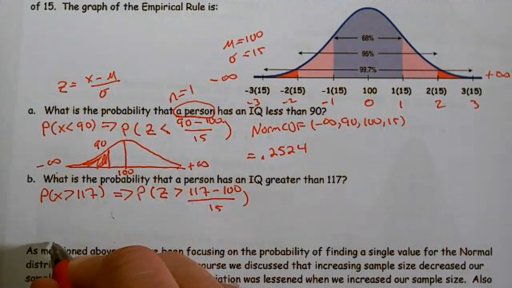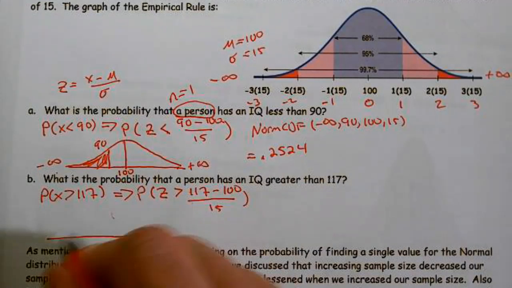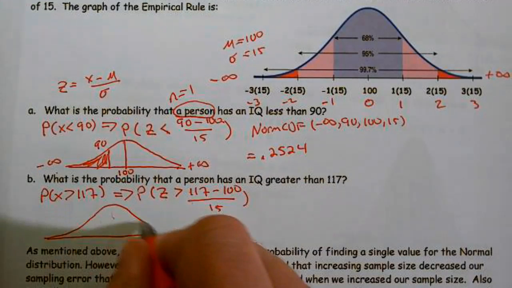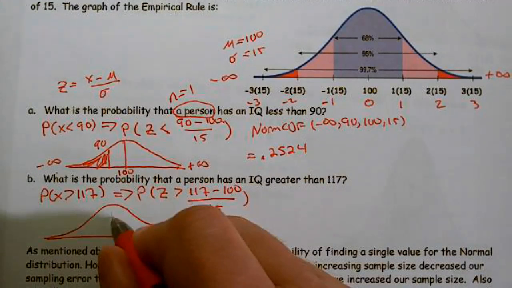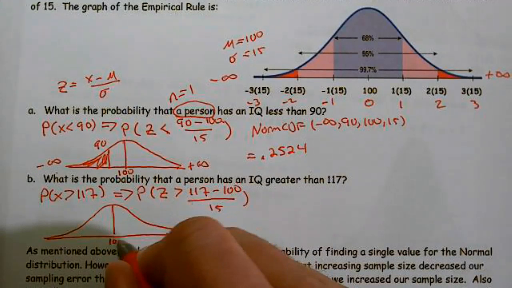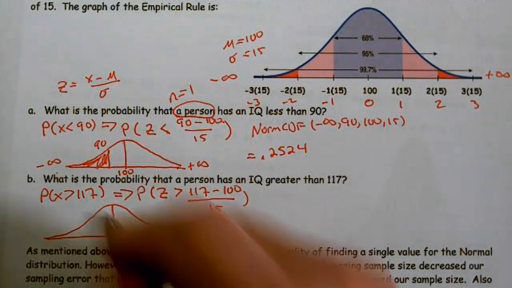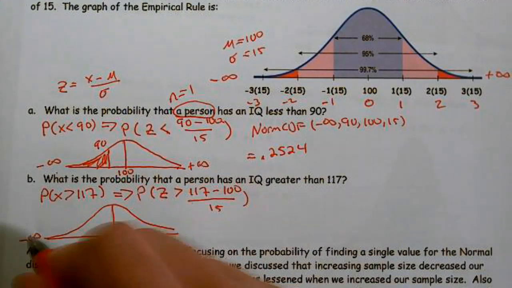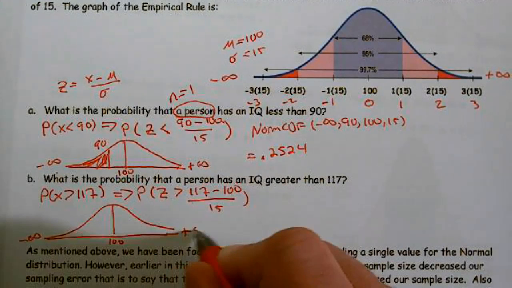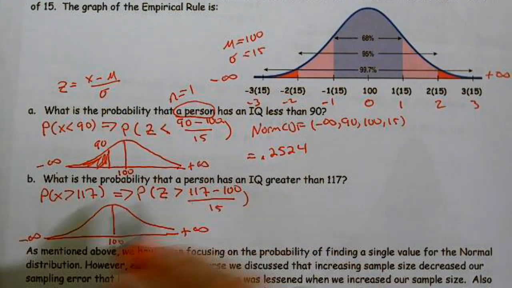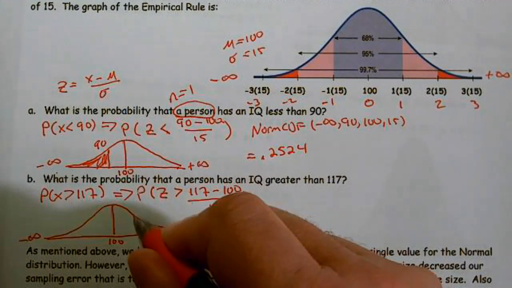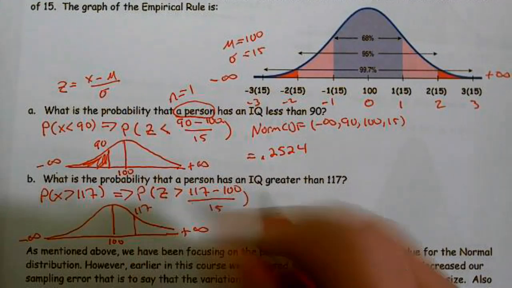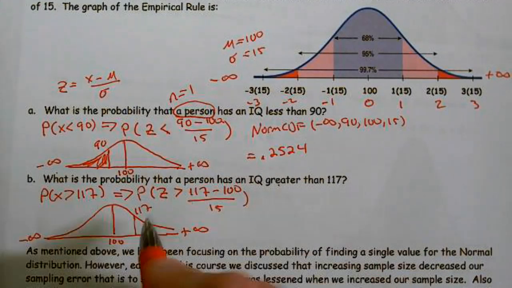Drawing my diagram, we have a mean of 100, this goes to -infinity, this is going off to +infinity, and the value we're interested in, 117, is greater, so we're shading off to the right.